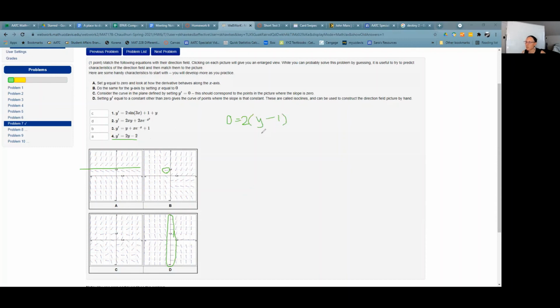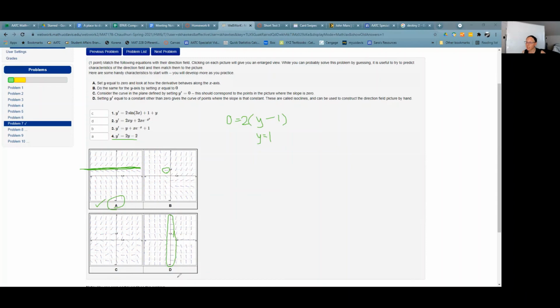So that tells me that whenever y equals 1, I expect to have a slope of 0. Well, that's going to match with set A, because everywhere for y equals 1, my slopes are approaching 0.